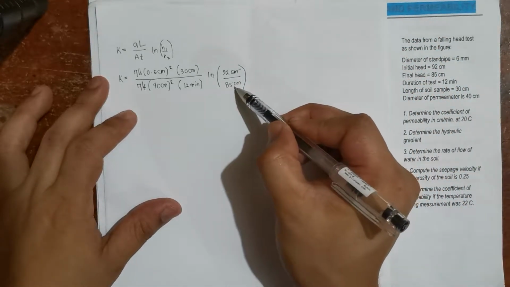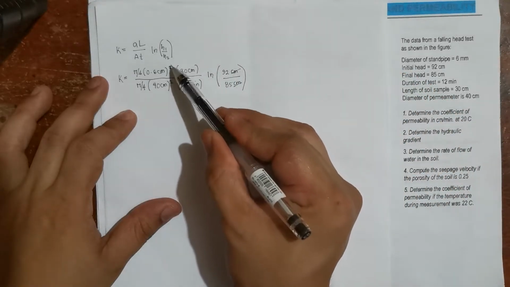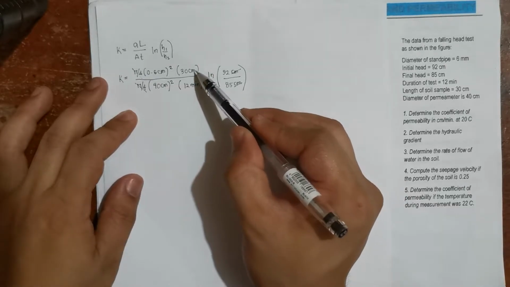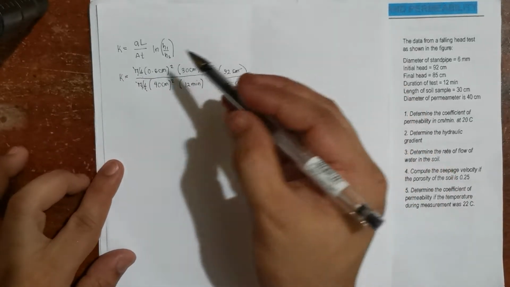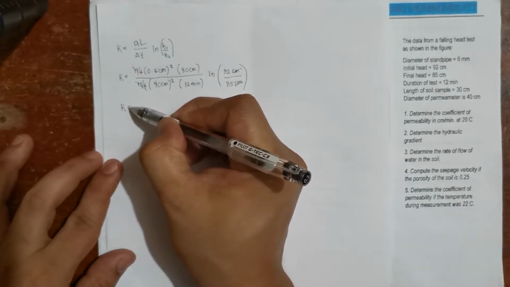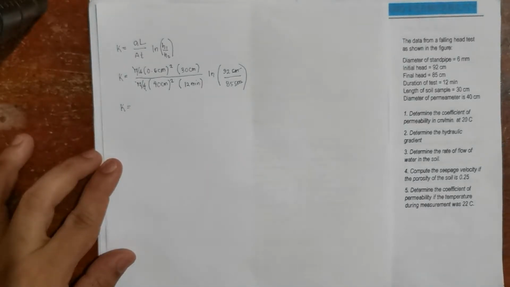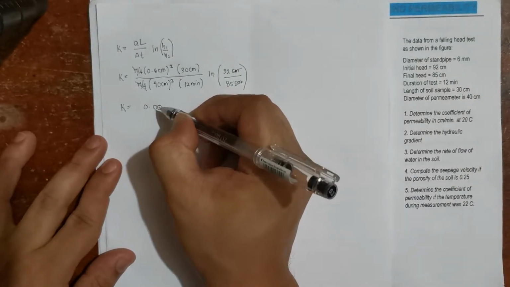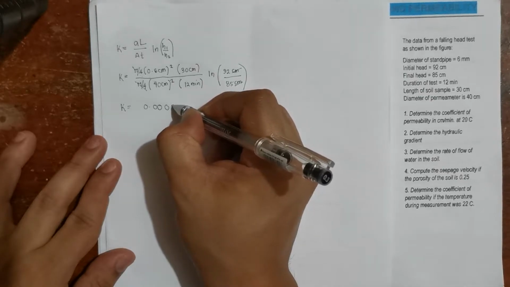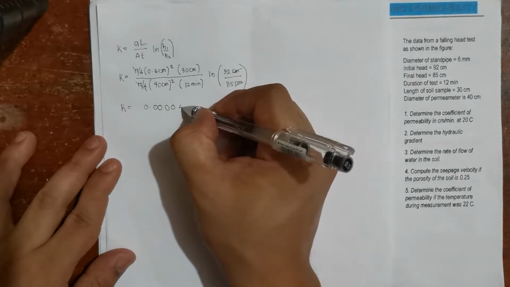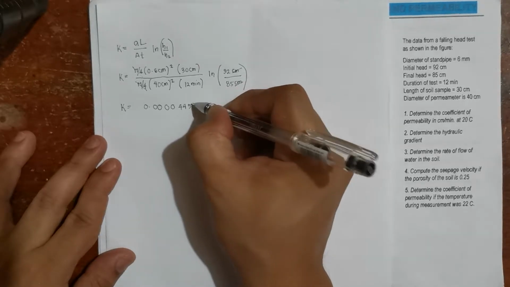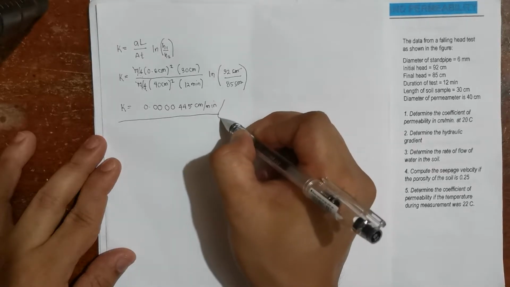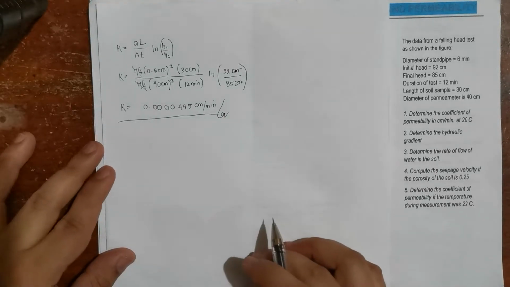So, cancel na to. Cancel yung units. Cancel yung pi over 4. And then, yung unit natin magiging centimeter per minute. So, computing for the value of K will be equivalent to 0.0000445 centimeter per minute. And that will be our first requirement.